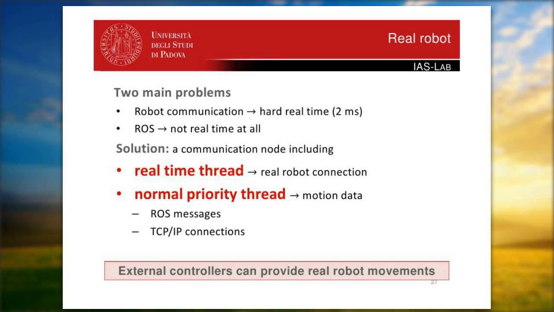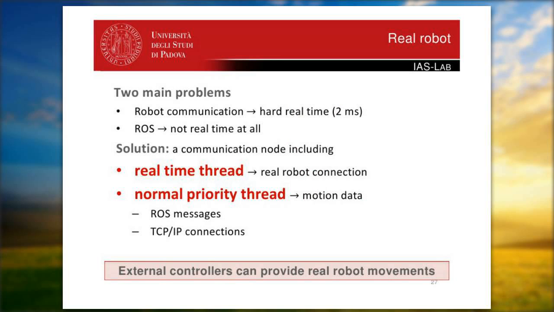Instead, if we focus on the real robot, I can say that we face two types of problems. On one hand, we have the robot communication that is hard real time. In fact, its frame rate is 2 milliseconds, and on the other hand, ROS is not real time.